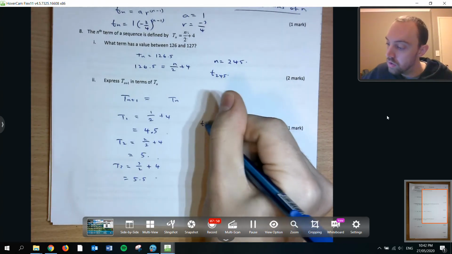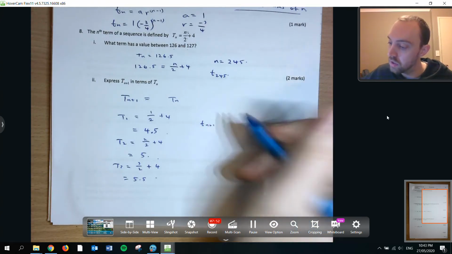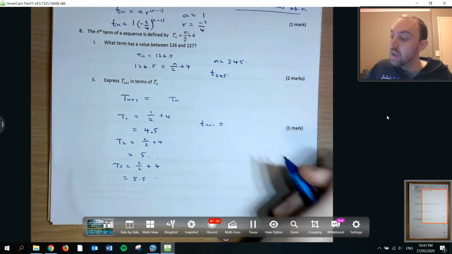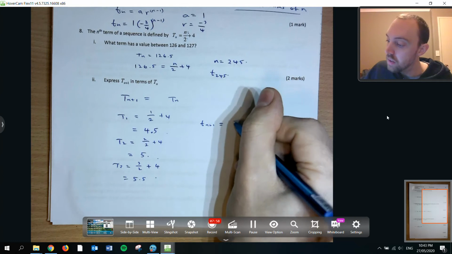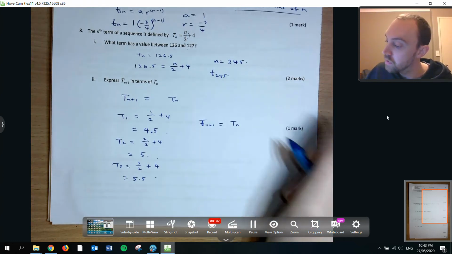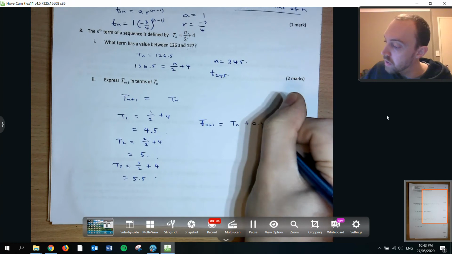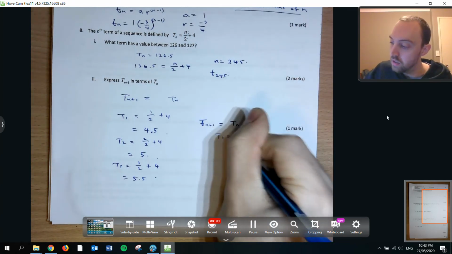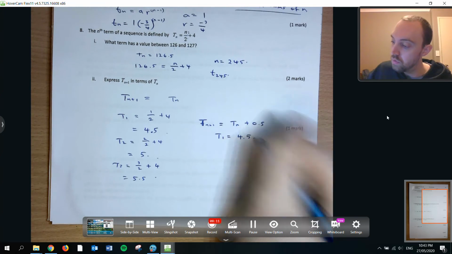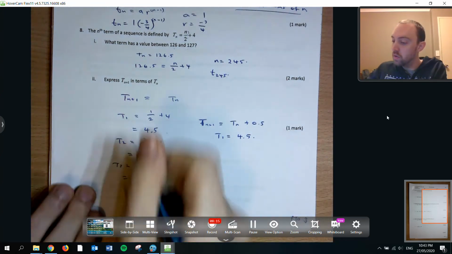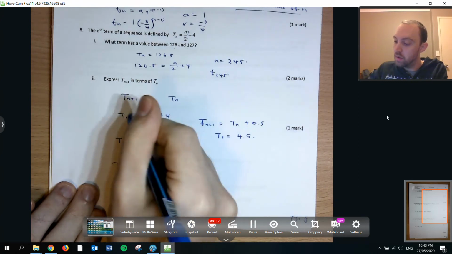So Tn plus 1, capital, lowercase, doesn't super matter, is Tn, I guess I'll use capitals, plus 0.5 or plus half, where T1 is equal to 4.5. Okay, because I've got to make sure that I have expressed this part here.